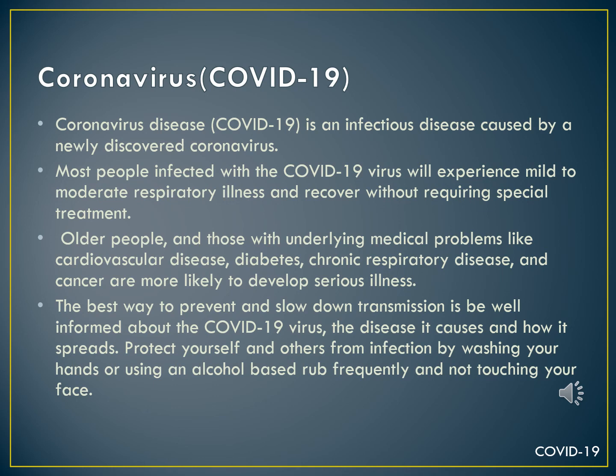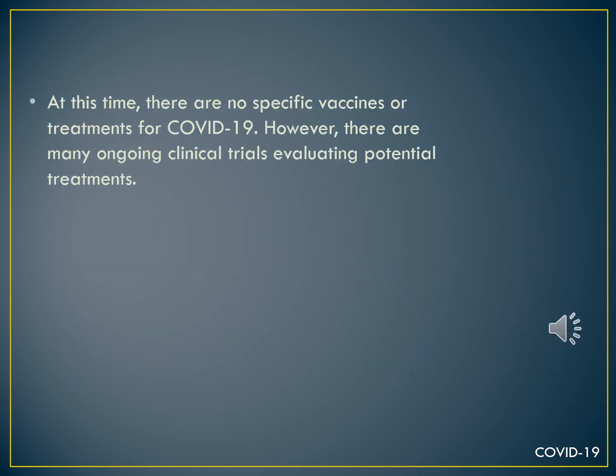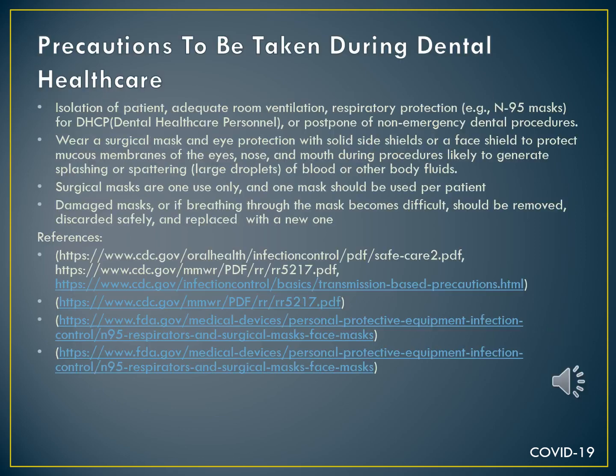The best way to prevent and slow down transmission is to be well informed about the COVID-19 virus, the disease it causes, and how it spreads. Protect yourself and others from infection by washing your hands or using an alcohol-based rub frequently and not touching your face. At this time, there are no specific vaccines for the COVID-19 virus. However, there are many ongoing clinical trials evaluating potential treatments.